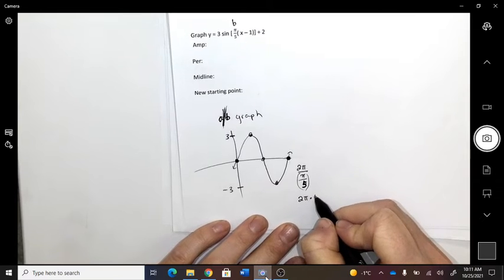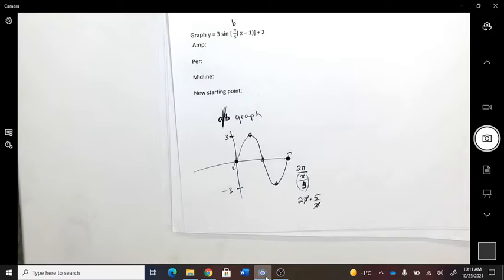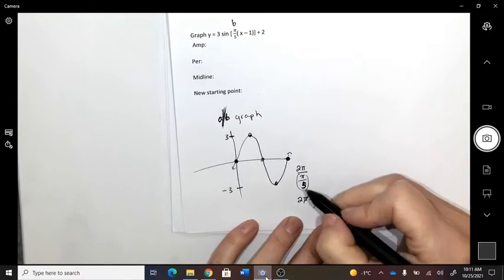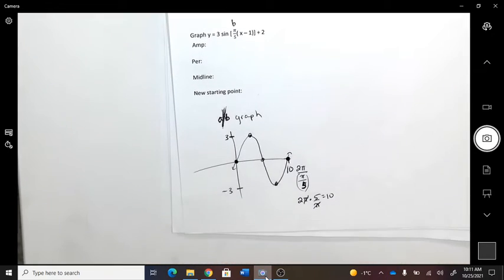Should we flip it and multiply? So this now has an x value of 10. The 2 pi was its original x value, but now it's 10.